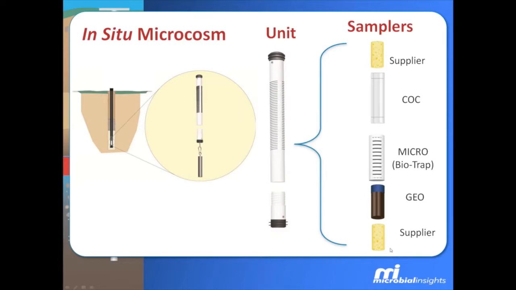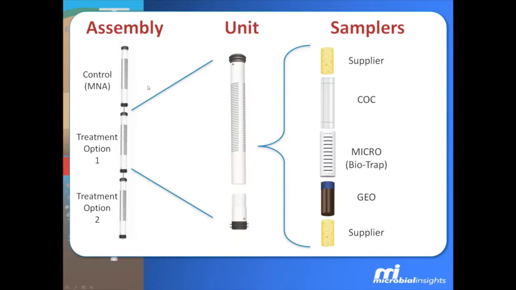You can also provide remediation amendments of one type or another, like EOS's products, for example. They then get deployed in a groundwater monitoring well, typically in either pairs or in triplicate. In the example that I've shown here, we've got one marked control, one treatment option 1, treatment option 2.